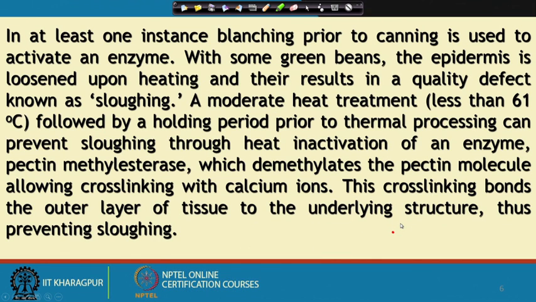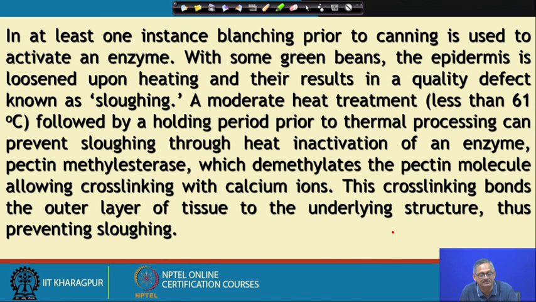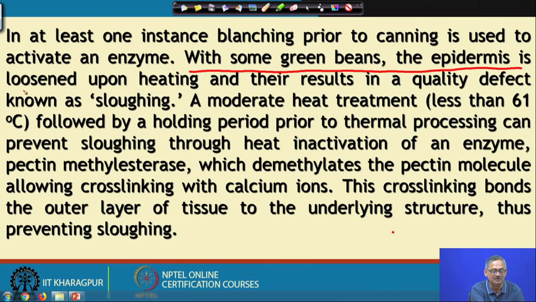Okay. So, in at least one instance, blanching prior to canning is used to activate an enzyme. With some green beans, the epidermis is loosened upon heating and this results in a quality defect known as slugging.